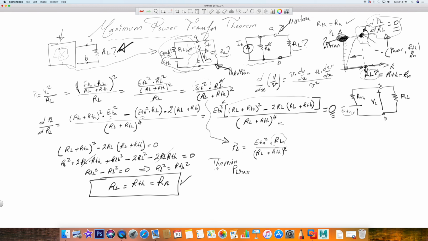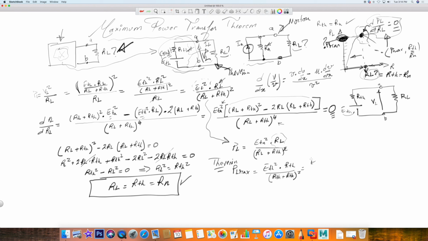So if we're doing Thevenin, PL max is going to be equal to ETH squared times RTH divided by RTH plus RTH, squared. So what is that?